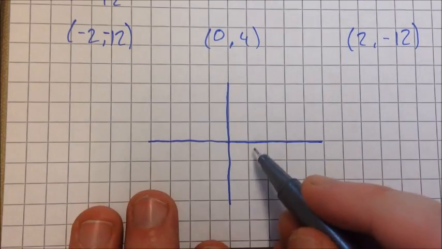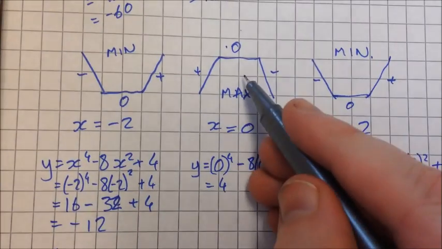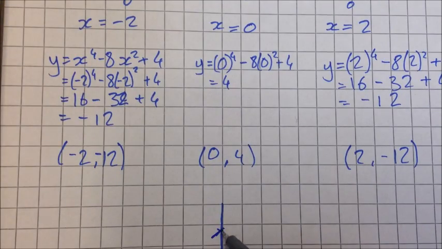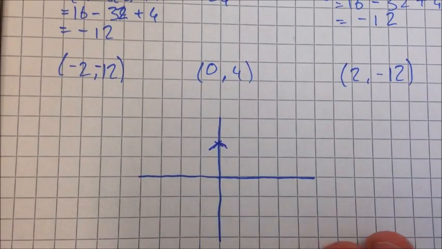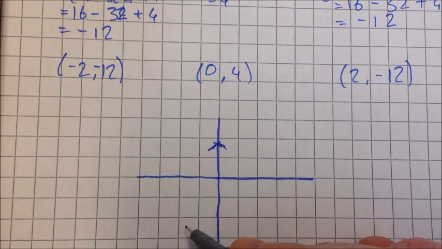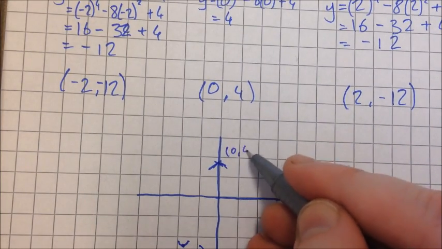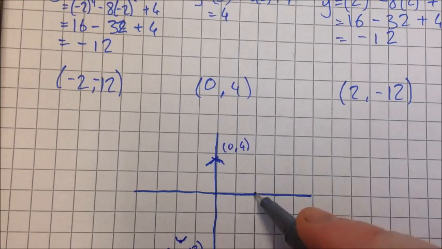I know it's going to go through 0, 4. And that is going to be a maximum. So if I sketch that a little bit, negative 2, negative 12. So should we call this negative 2, negative 12? And draw a little bit of that. Negative 2, negative 12. What was this? 0, 4. And 2, negative 12.